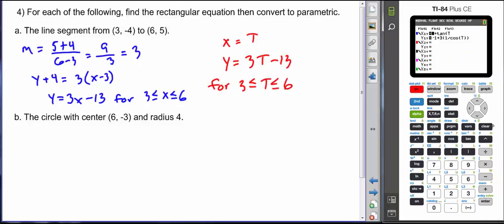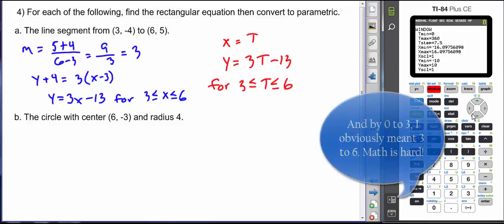So if we were to graph that, I'm going to clear out my hyperbola here, and I could simply type in x equals t and y equals 3t minus 13. Before I graph it, I'm going to go to the window because I want to restrict t. I don't want to go 0 to 360. That's crazy. I want to go 0 to 3.